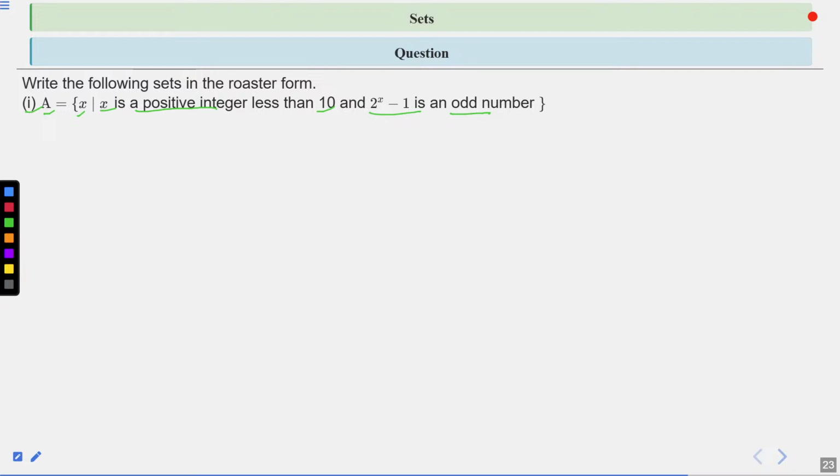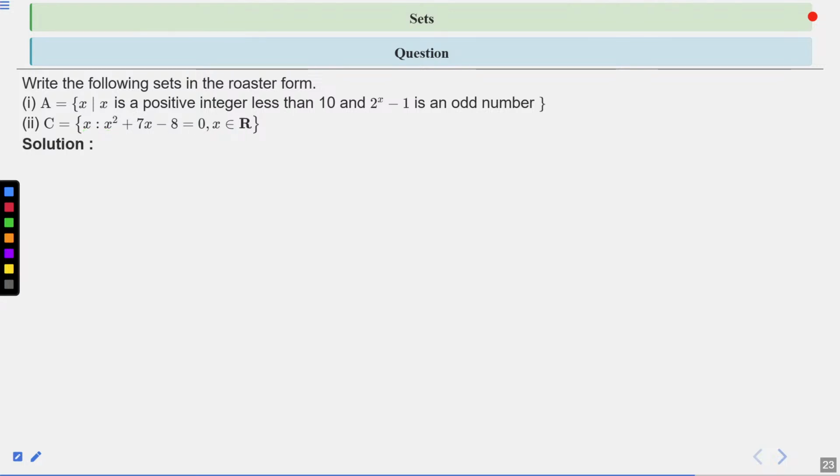So you have to collect such x's satisfying these two conditions. Now for the second, C is the collection of all x such that x square plus 7x minus 8 is equal to 0, where x belongs to the set of reals.